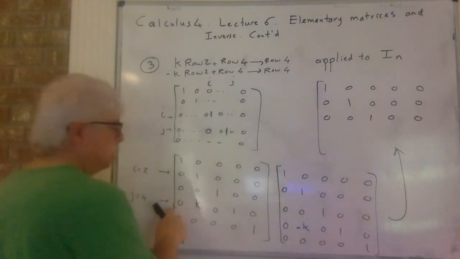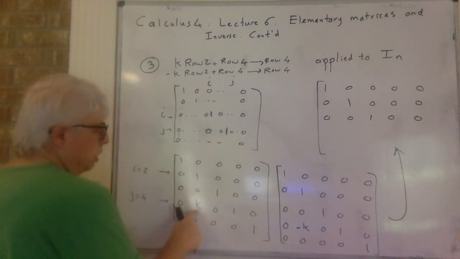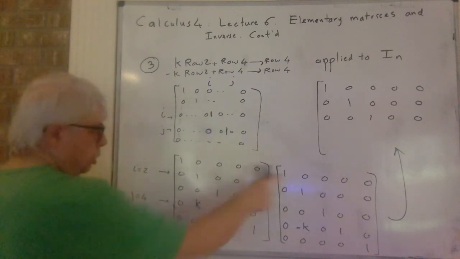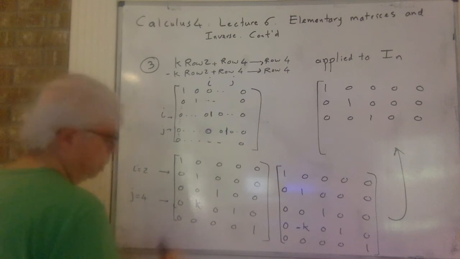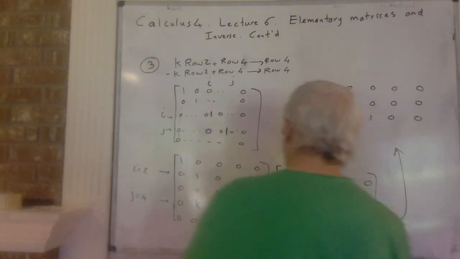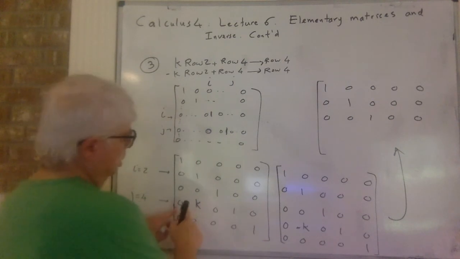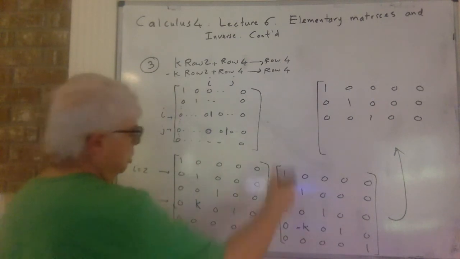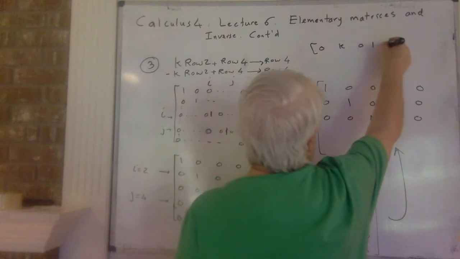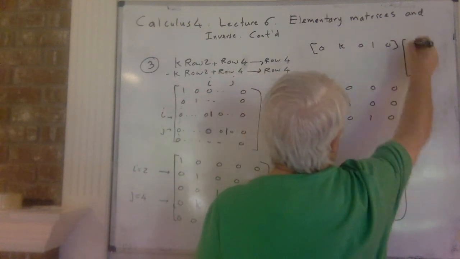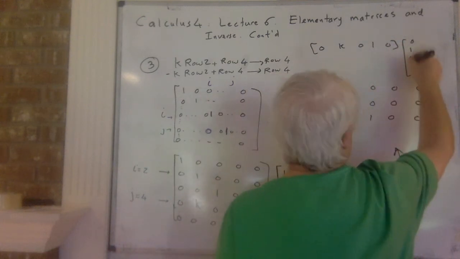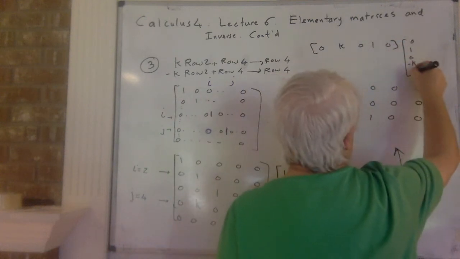Now let's see what happens here. This is k times 1, 0 times 0. So let me write it explicitly: 0, k, 0, 1, 0, and this is multiplied by 0, 1, 0, negative k, 0.